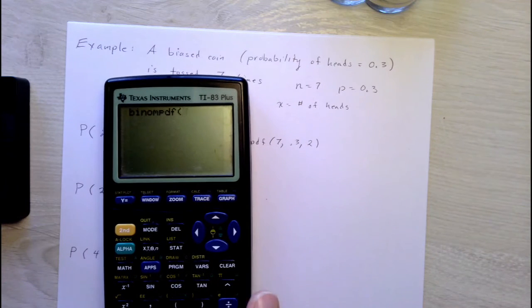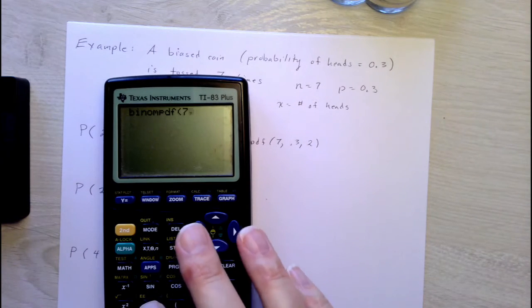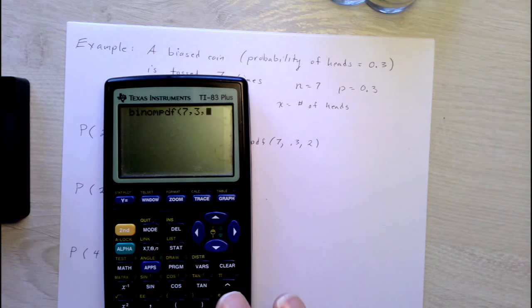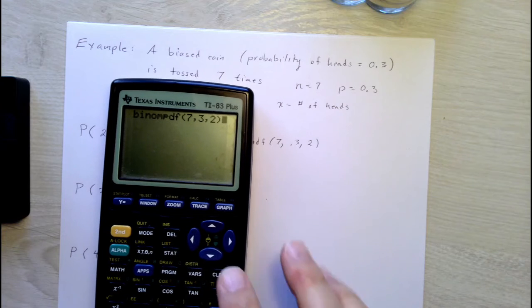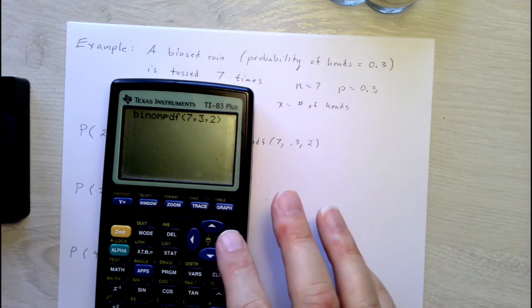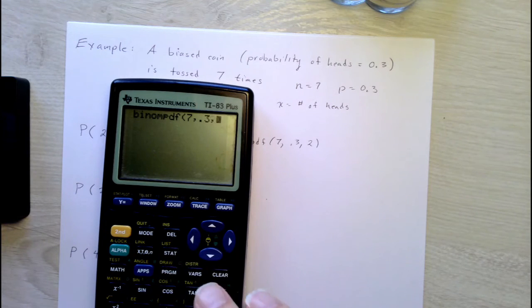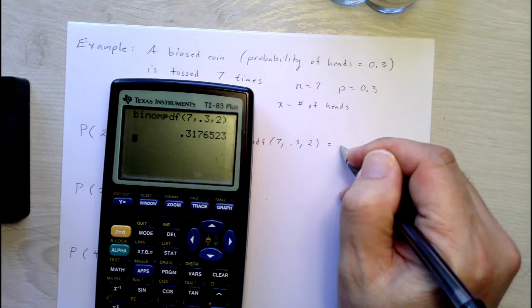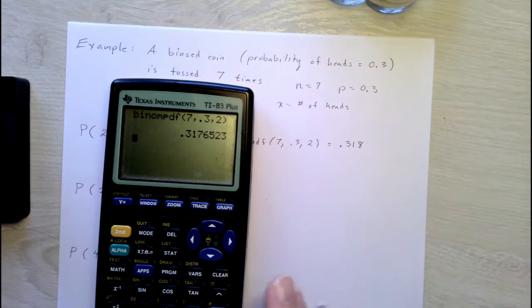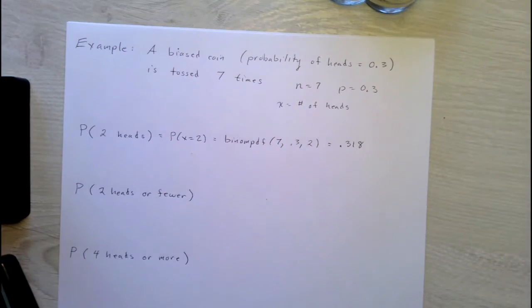So we want 7, 0.3, 2. And you get 0.3176. We'll round off to 0.318. So that's how you would do that.